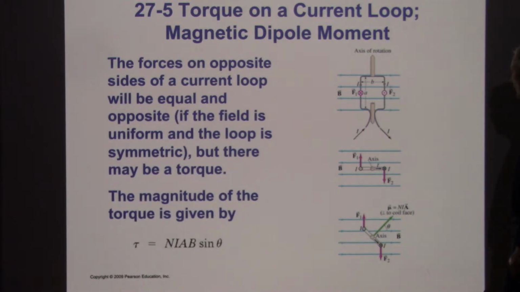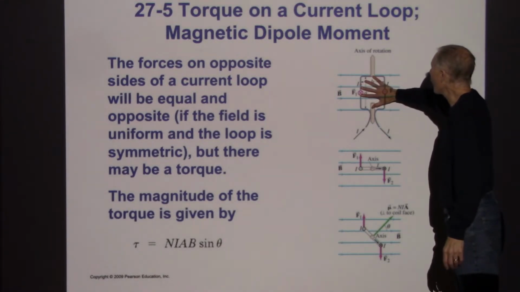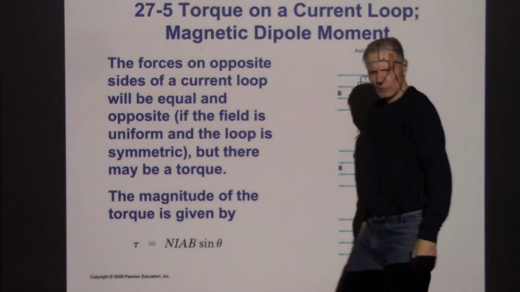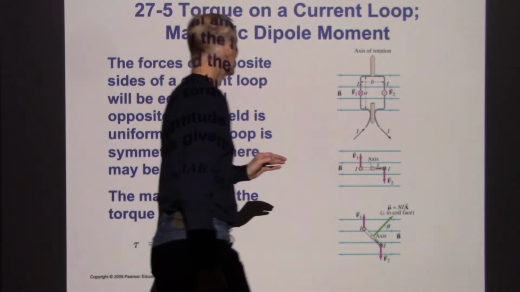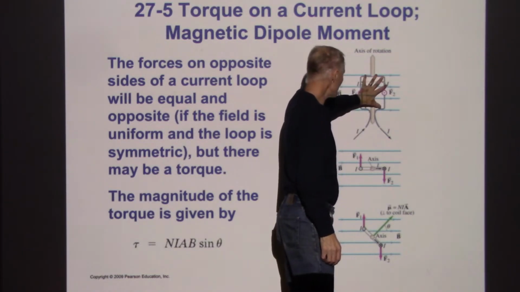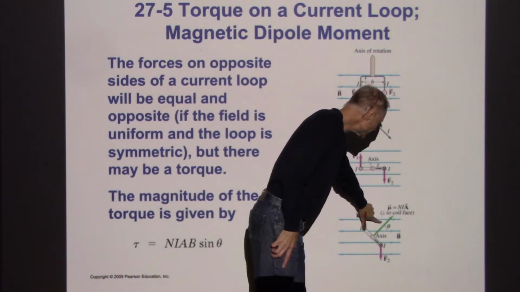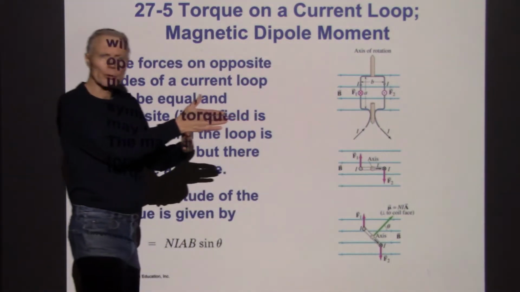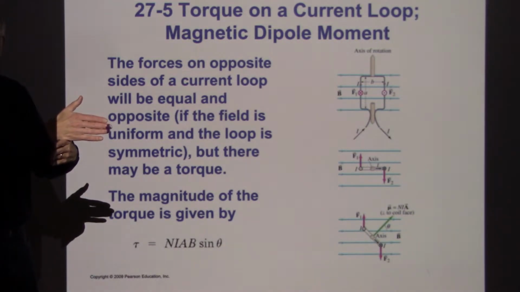The way we define the orientation of that loop of wire is that there is an area vector, and the area vector is coming out of the page. The area vector is perpendicular to the current loop.